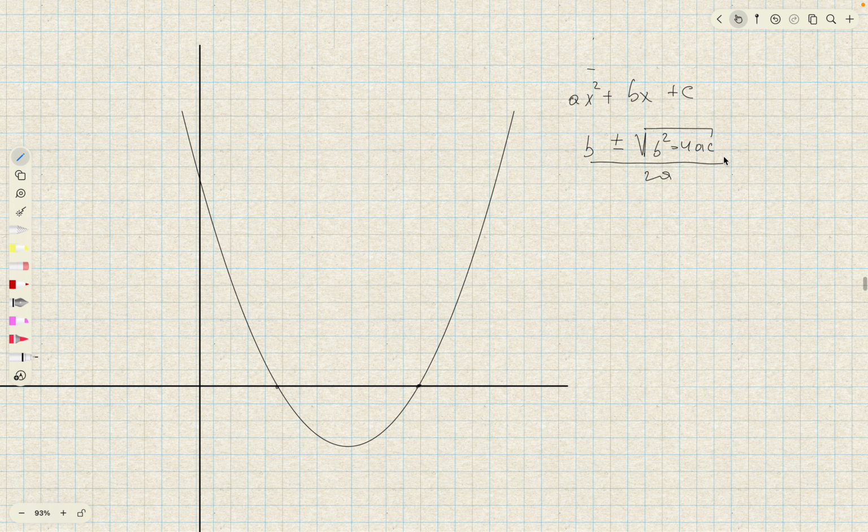To understand it, we have to go back to the idea of the derivative.